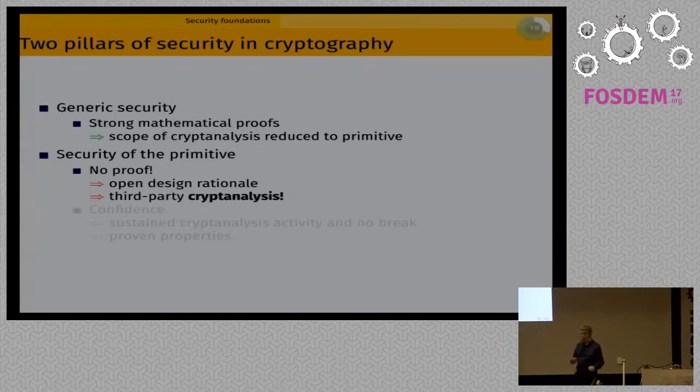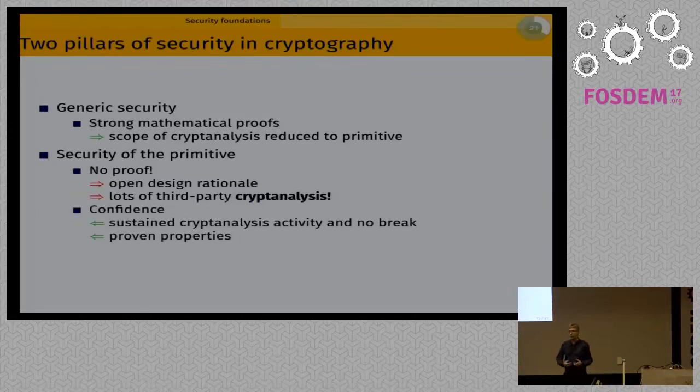And preferably peer review, meaning third-party cryptanalysis, and what's even better, a lot of cryptanalysis. Because if you want to build confidence, you need sustained cryptanalysis activity on the function, and the function, of course, not broken. That is the only way to actually have the security of most symmetric crypto primitives.